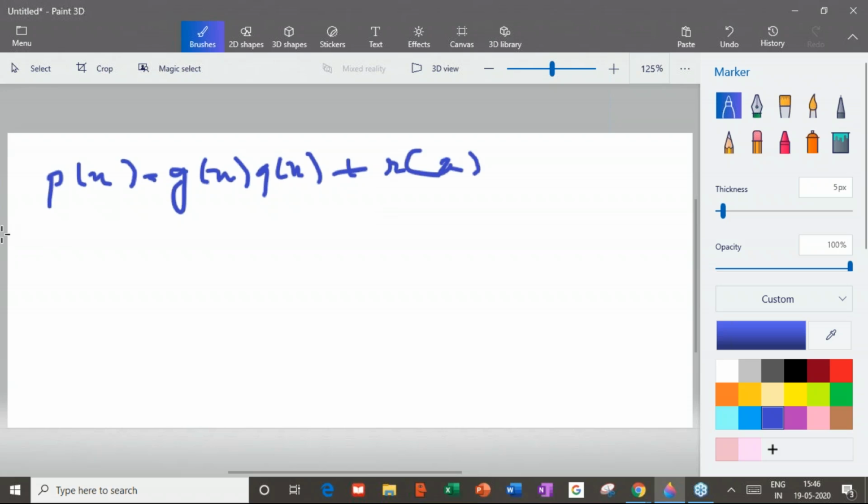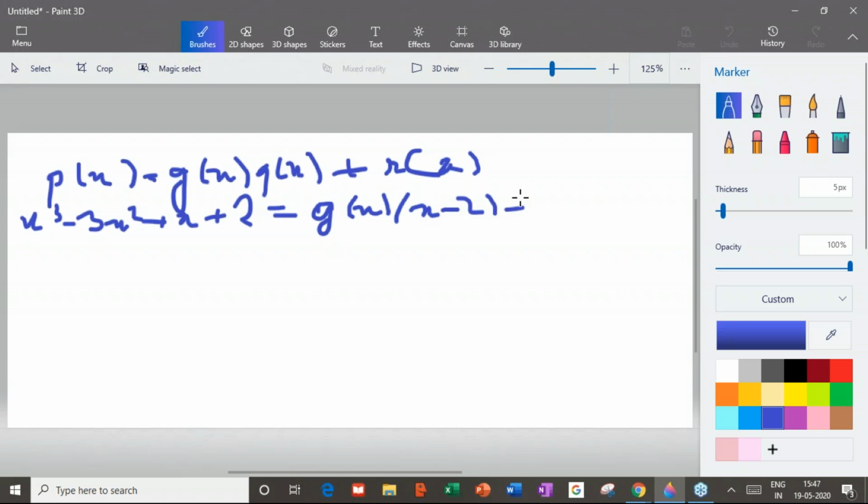And p of x here is given as x cube minus 3x square plus x plus 2 is equal to g of x. So q of x is given as x minus 2, plus minus 2x plus 4.